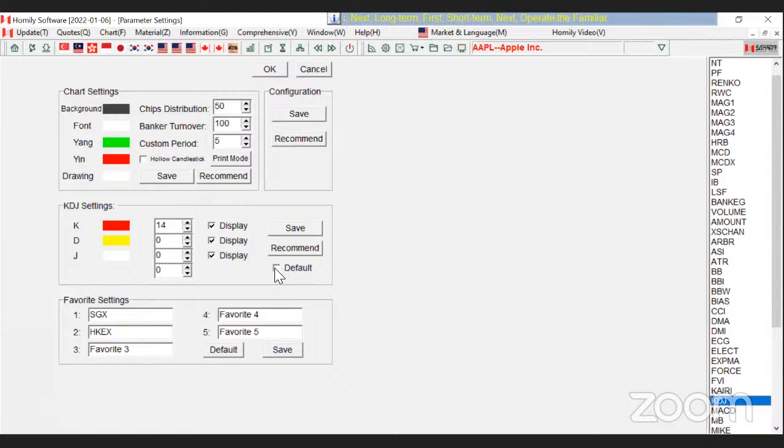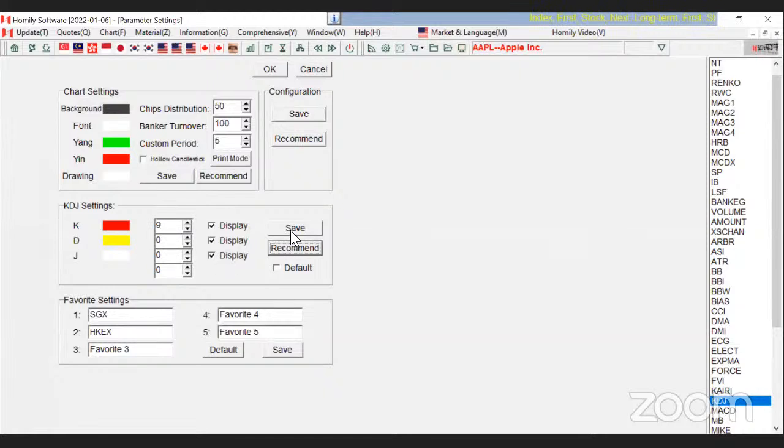If I click default, recommended, you will see the value changes automatically to 9 days, because 9 days is the default setting in the Homely software. The parameter for K is 9 days.